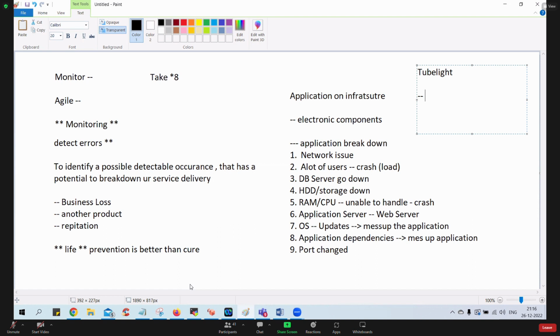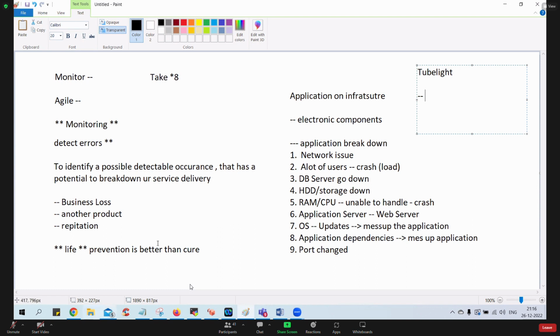That's an indication that you have to replace the tube light, correct? So likewise with applications, when you deploy your software services or application on your infrastructure, you need to keep an eye and make a note of whatever information is coming from the monitoring services. You need to understand them and take proactive actions.